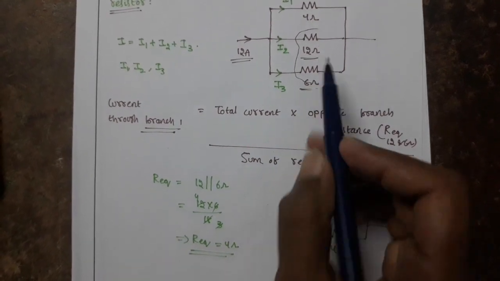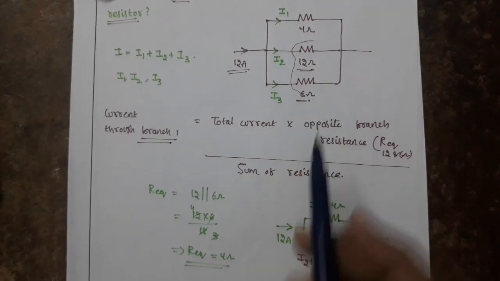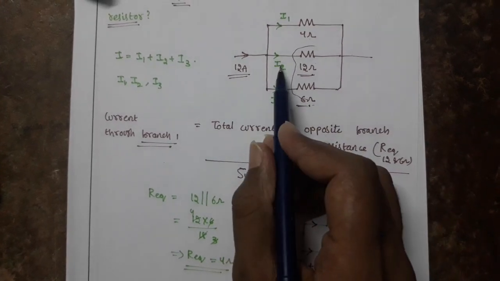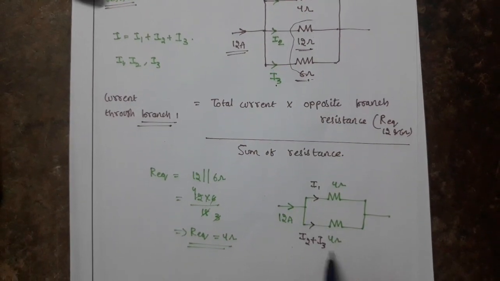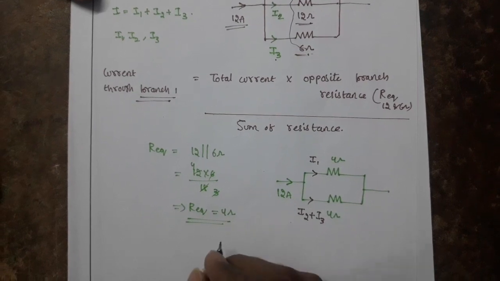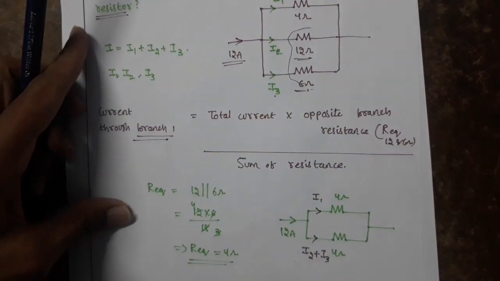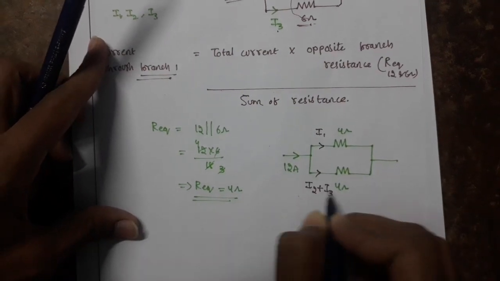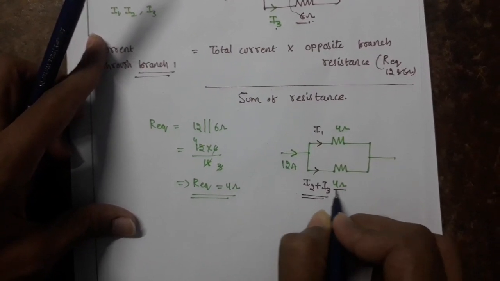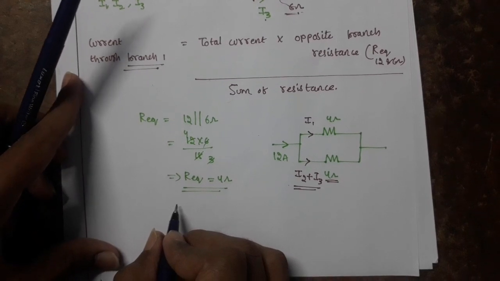This is because we have taken 12 ohms and 6 ohms as equivalent. So I2 plus I3 will be flowing through the 4 ohm resistance. Instead of 2 branches, I am taking 1 branch.